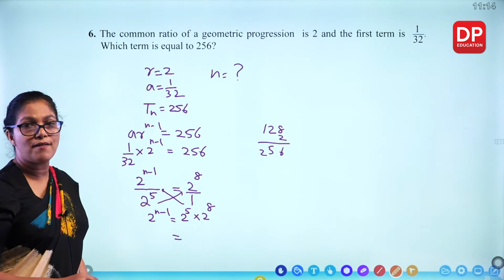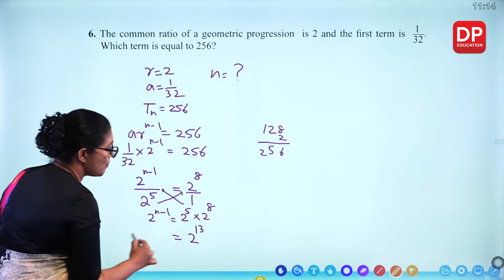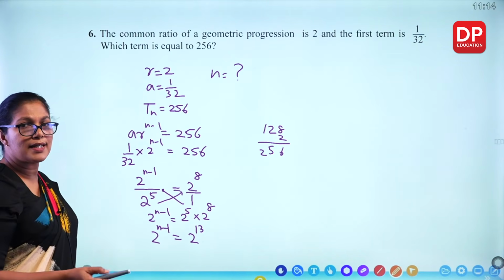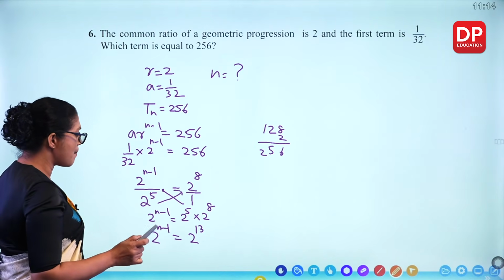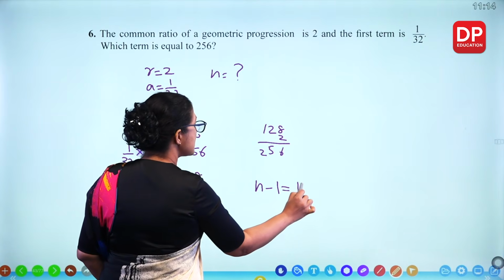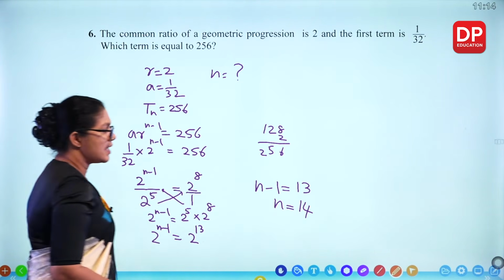Same base, different powers multiplication, you add the powers. 2 to the power 13. 2 to the power n minus 1 is 2 to the power 13. Same bases, you can compare the powers. n minus 1 equals 13. n equals 14.